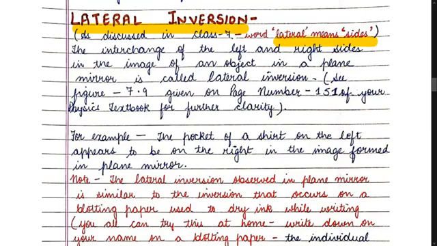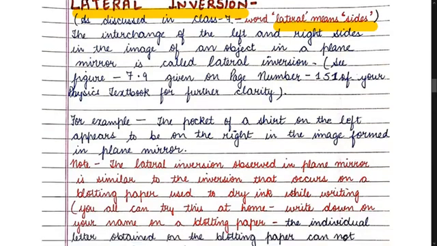So the interchange of the left and right sides in the image of an object in a plane mirror is called lateral inversion. You can see figure number 7.9 given on page number 151 of your physics textbook for further clarity of lateral inversion.